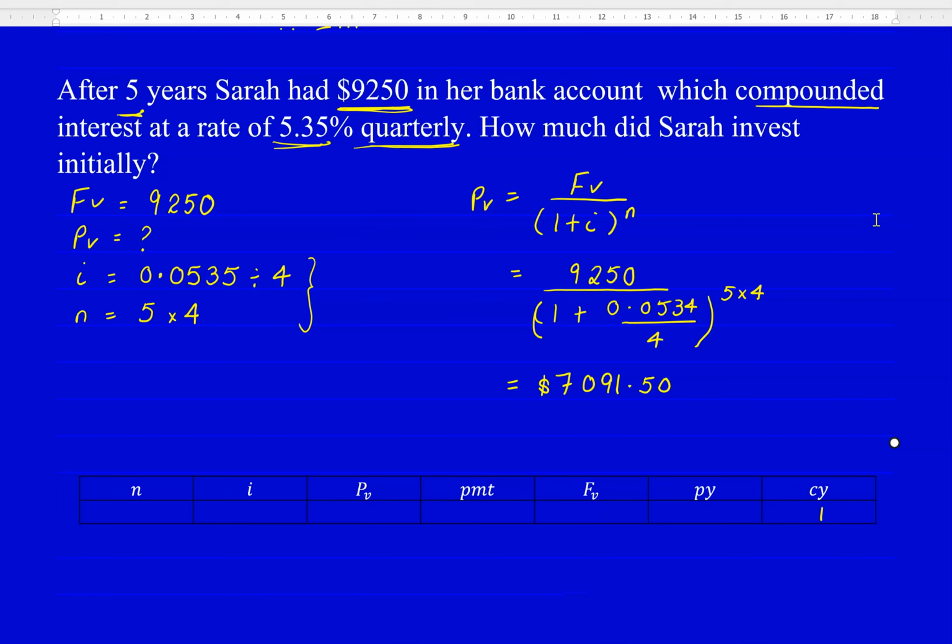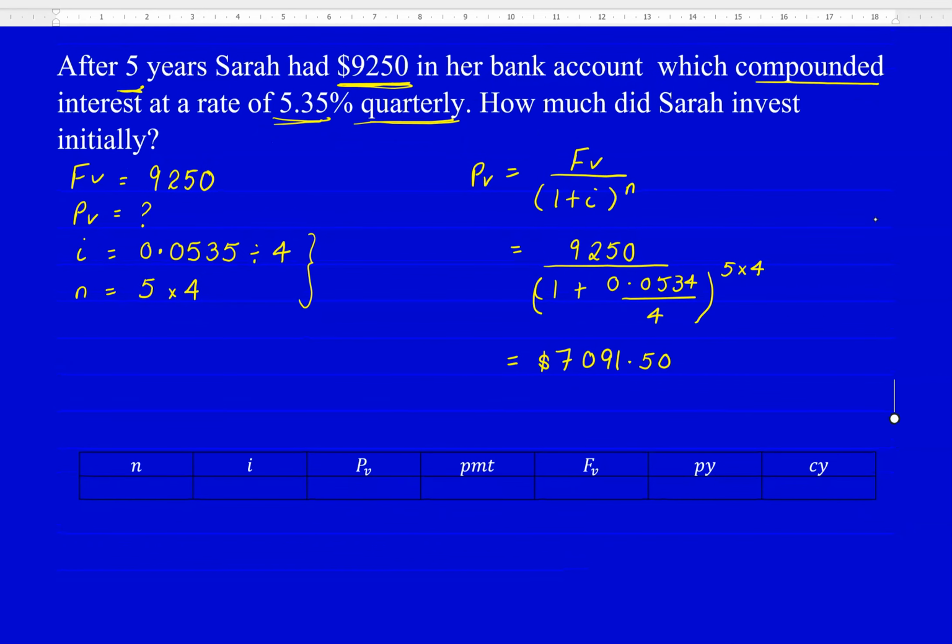Again, you would only do this if it asked you to use the formula. If the question says use your calculator, use technology, or it doesn't say anything at all, I would go straight to tech. All right, so how are we going to go? Well, we know already there's no PMT, so that's 0. This time, we know that future value is 9,250.